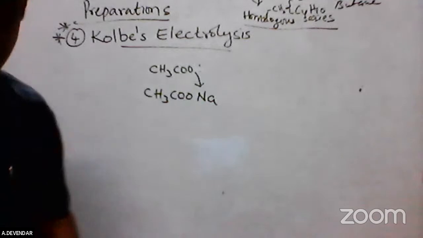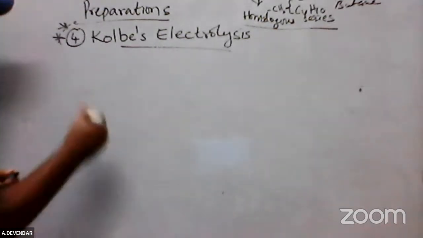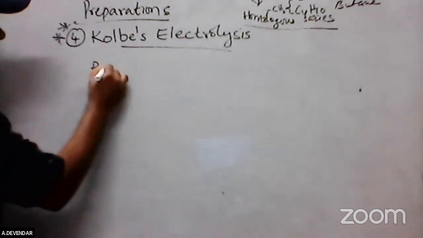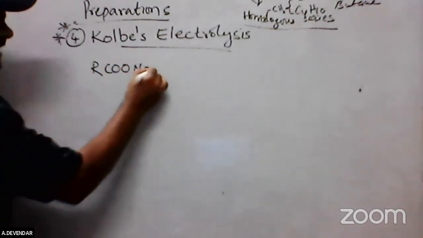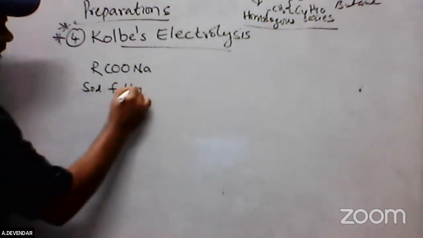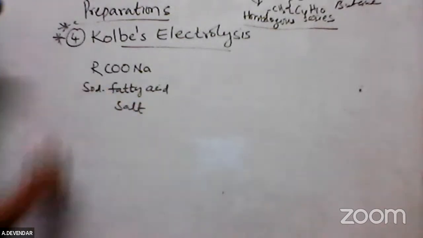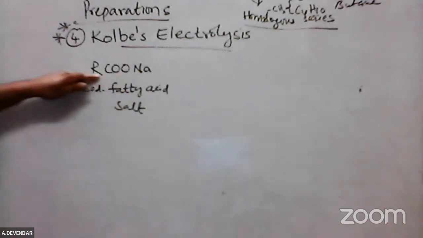So in Kolbe electrolysis, you use RCOONa. This is the sodium salt of a fatty acid.